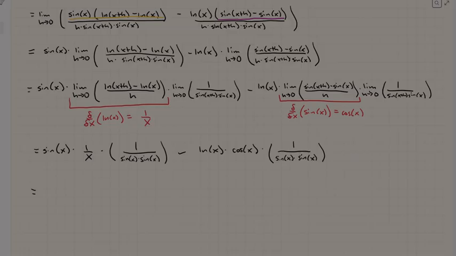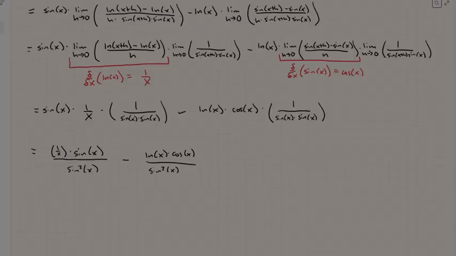So what we can do is say 1 over x in our numerator times sine of x over sine squared of x, minus ln of x times cosine of x over sine squared of x.